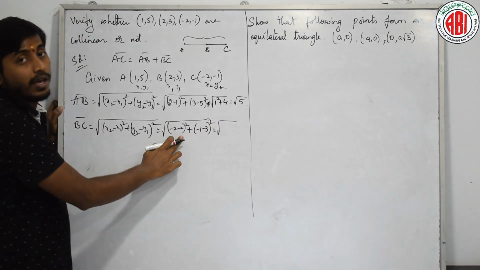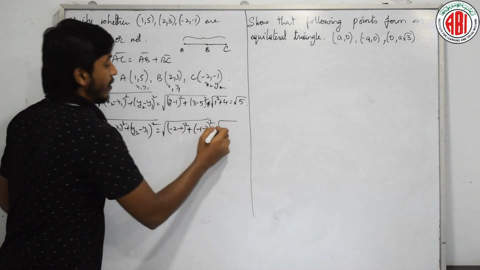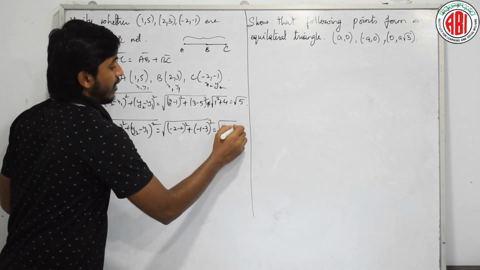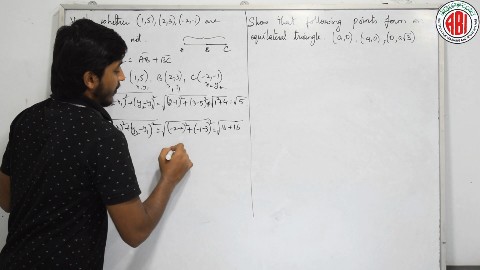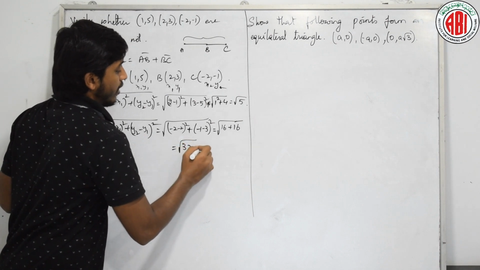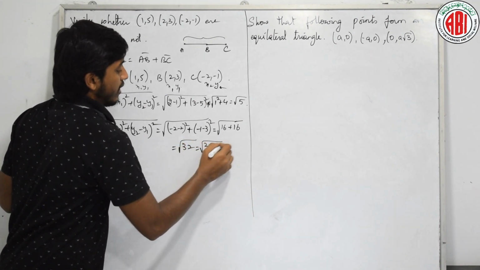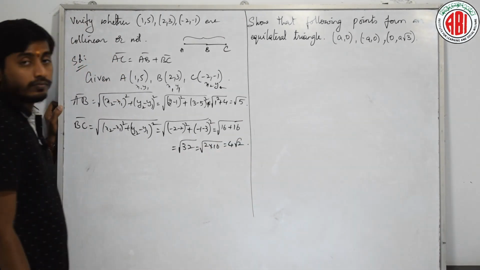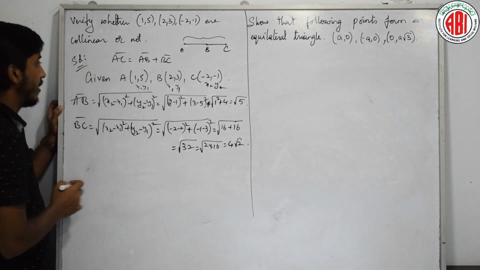Minus 2 minus 2 is minus 4, that is 4 square, 16. And here minus 1 minus 3 is again 4 square, that is again 16. This can be written as root 32, that is root 2 into 16. What is the square root of 16? 4 root 2.